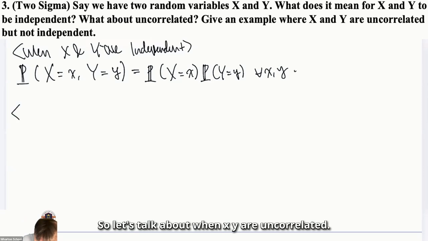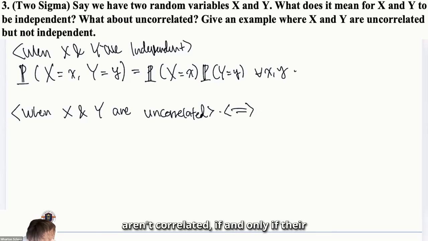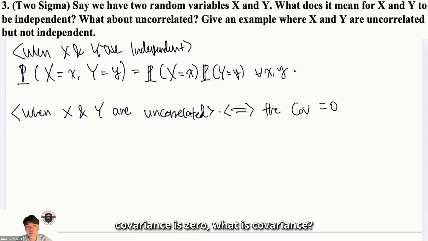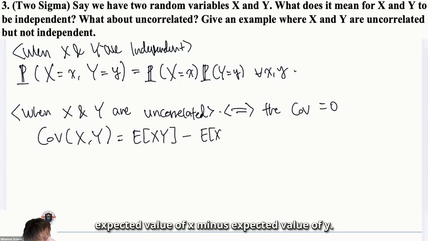So let's talk about when x, y are uncorrelated. Two random variables x and y are uncorrelated if and only if their covariance is 0. What is covariance? Covariance of x and y is the expected value of xy minus the expected value of x times the expected value of y.